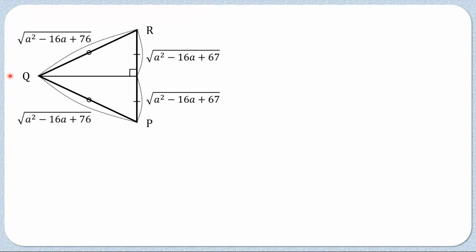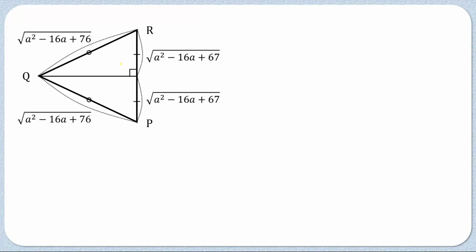So we have this picture. Isosceles triangle PQR, where lengths PQ and QR are each given by the square root of A squared minus 16A plus 76. And if we split length PR in half, each segment has the length square root of A squared minus 16A plus 67.